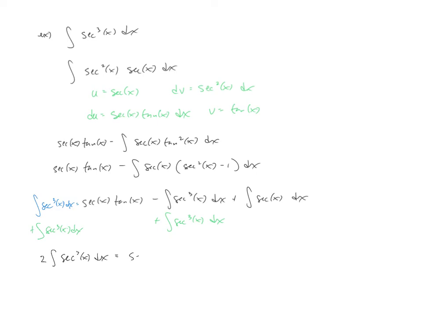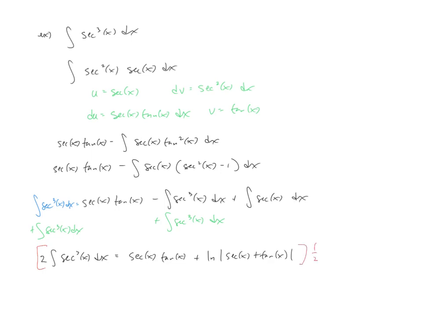And on the right, I'm going to have this secant x tangent x, and then plus this guy here. And that we found out to be the natural log of the absolute value, secant x plus tangent x. And finally, if you'll remember, we want to get this integral all by itself, so I'm going to multiply both sides by 1/2.